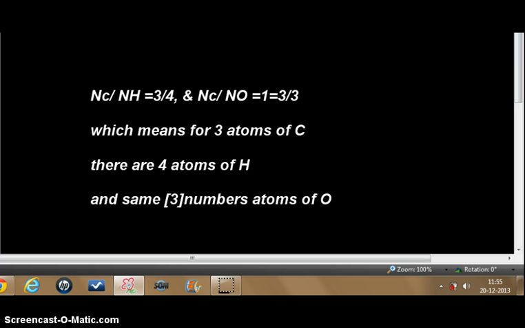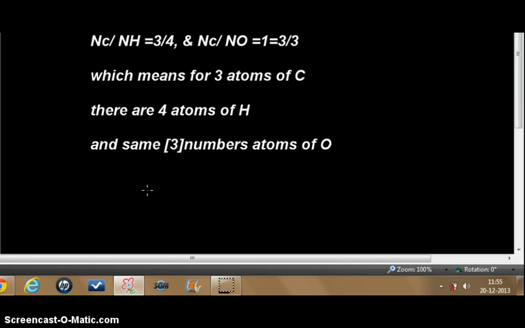And therefore number of carbon as to number of hydrogen as to number of oxygen is equal to 3:4:3.